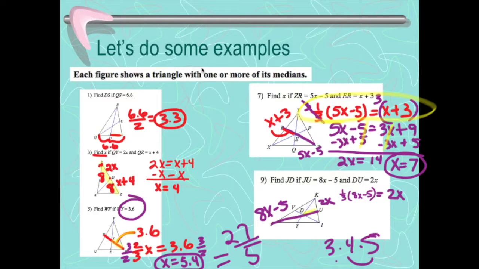I guess what I'm not understanding is how come we only multiplied the 1/3 and not the other stuff in the parentheses too. Oh, this right here, when we multiplied right here, became 1. I know, but with the 3 on the other side, we multiplied both the x and the 3 by 3.